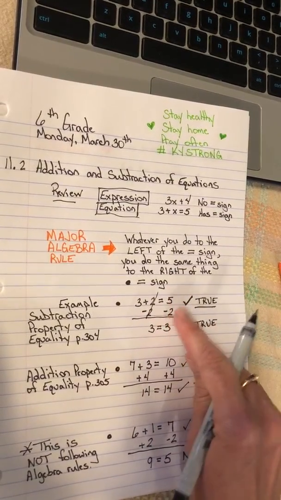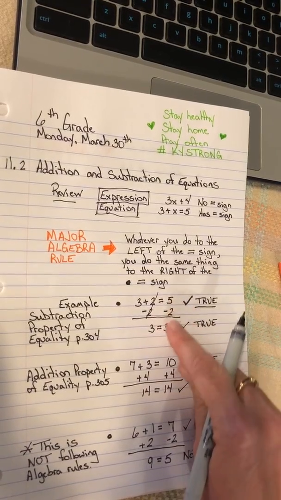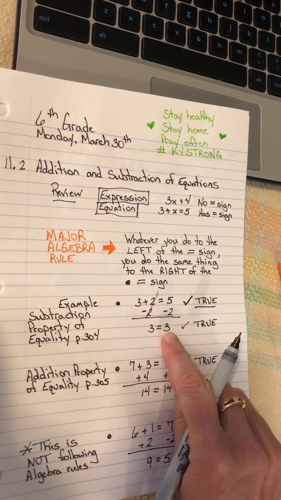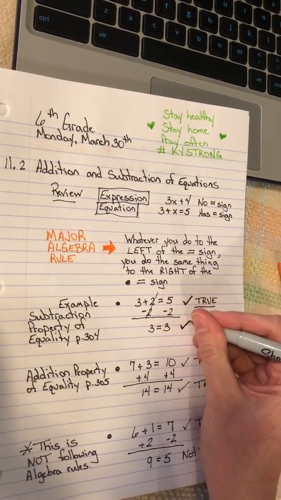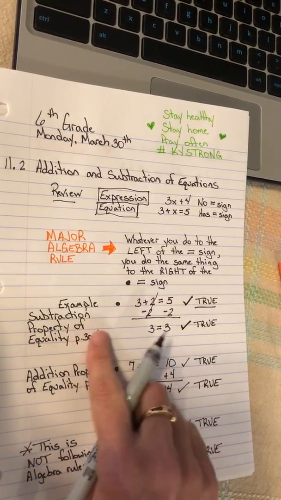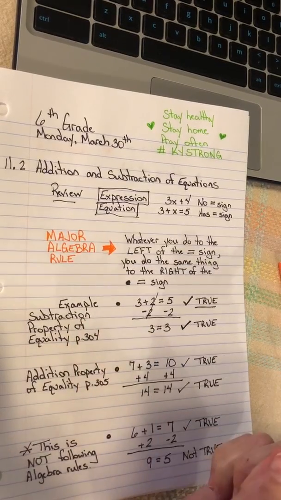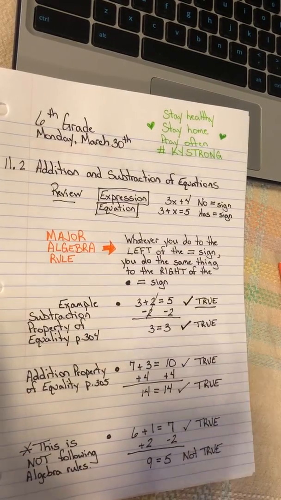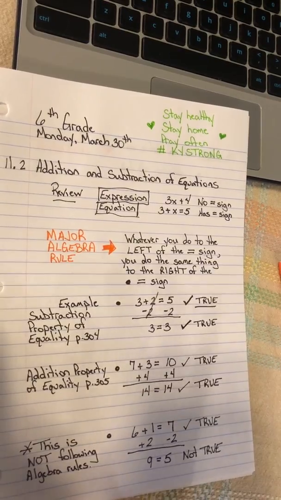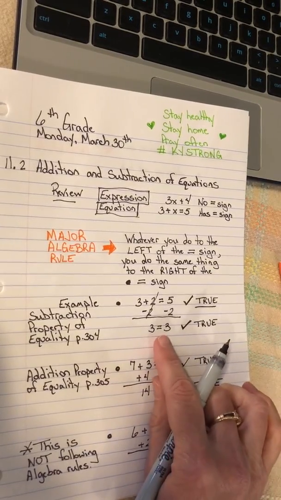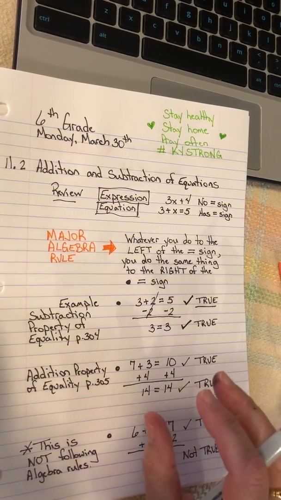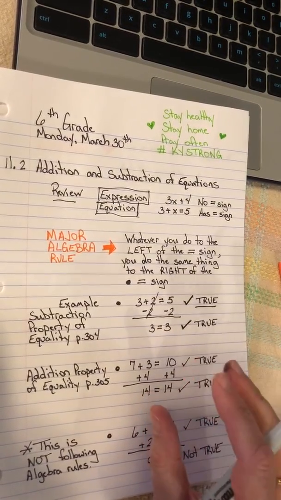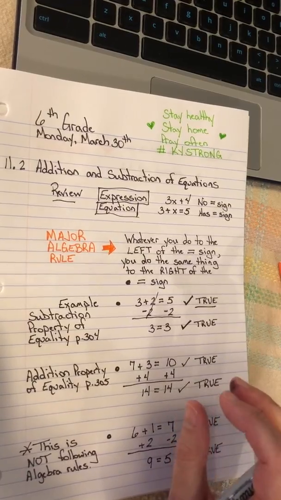On the right side, 5 minus 2 also equals 3. 3 equals 3. Yes, that is a true statement. That is what they mean by subtracting the same number from the left and right side of an equation. It will change the value of the equation, but it will still remain true.